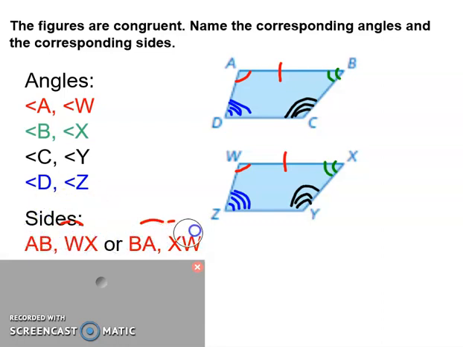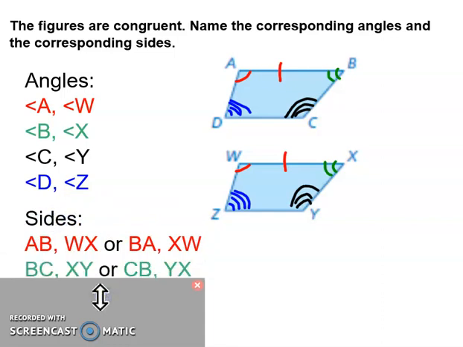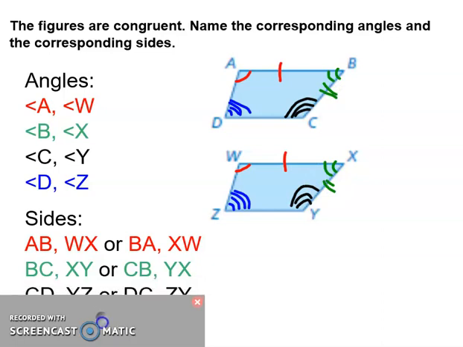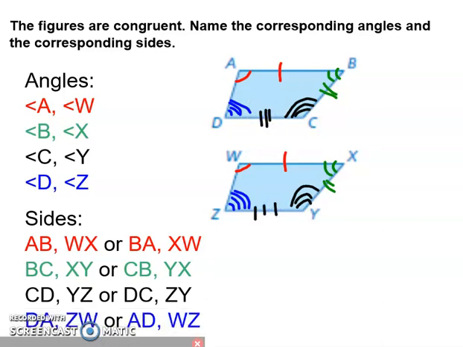And we can see that a lot easier when we list out the angles first. We also can say that BC and XY. I'm putting 2 dashes there. Or CB and YX. We have CD and YZ. Or DC and ZY. And then we have DA and ZW.